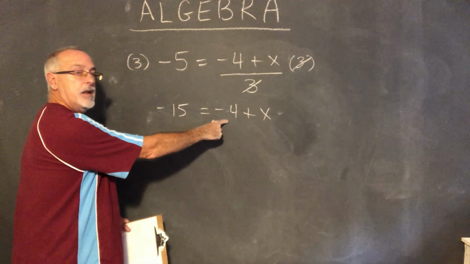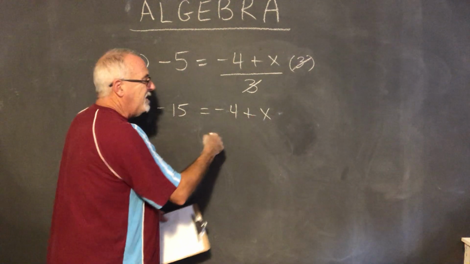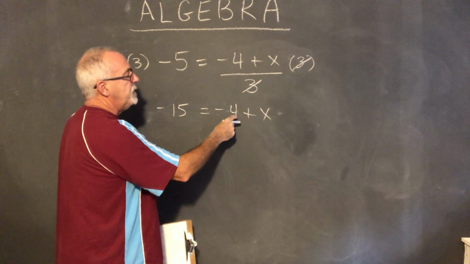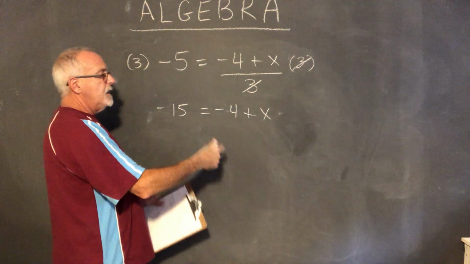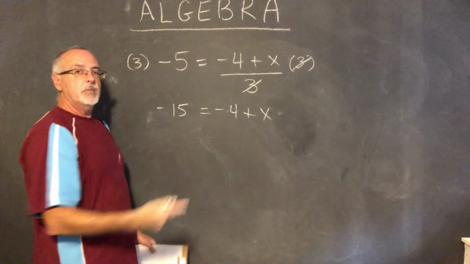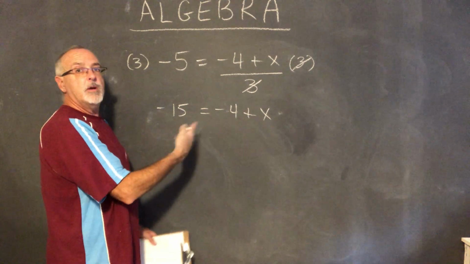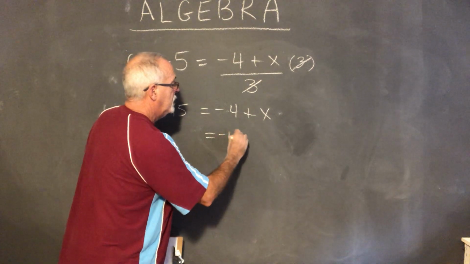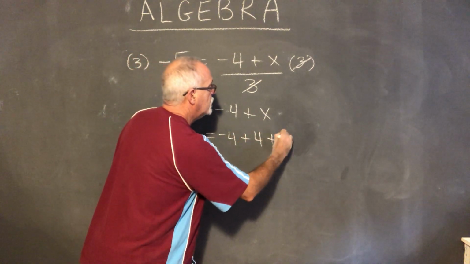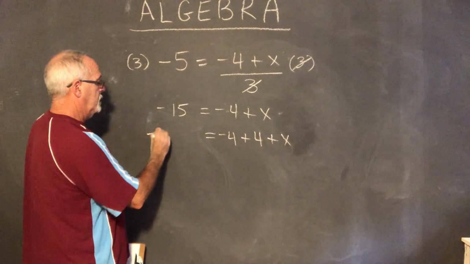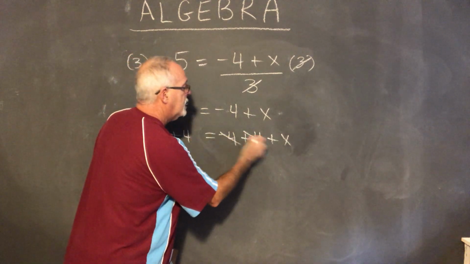Now I want to get rid of the negative 4. I don't want to say there's a negative 4 being added to my x. I just want to say my x is having a 4 subtracted from it. So if the 4 is being subtracted, I want to do the opposite, which is add. So I'm going to add a 4 to both sides. These cancel.